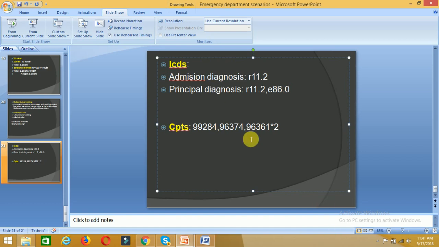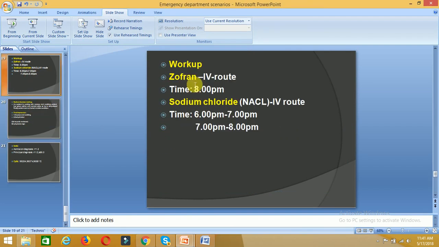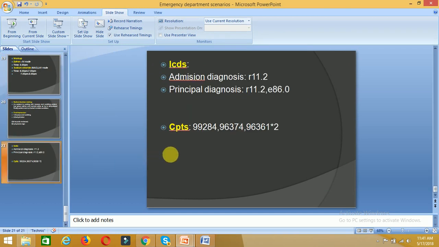That means the service is done twice. One more thing, with this we have completed the infusion. One is IV push, one is hydration. So push code 96374, the initial one. Along with that we have hydration also. So I am not giving the initial code of the second service, I am giving the add-on code, and it is done for 2 hours. So my code is 96361.